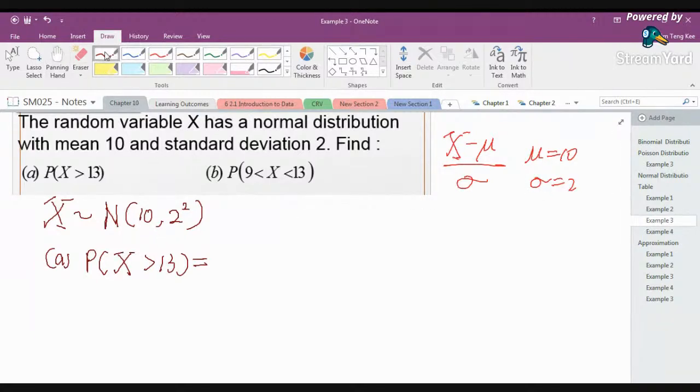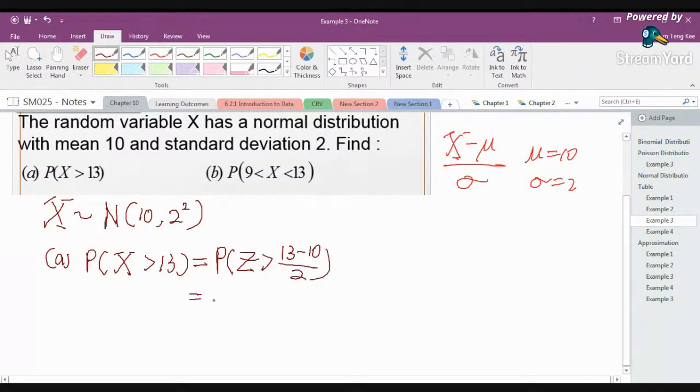So the next line, you will see that I have P(Z greater than (13 minus 10) divided by 2), and it gives me the result of Z greater than 1.5. Based on the statistical table, I can quickly get the answer, which equals 0.0668.